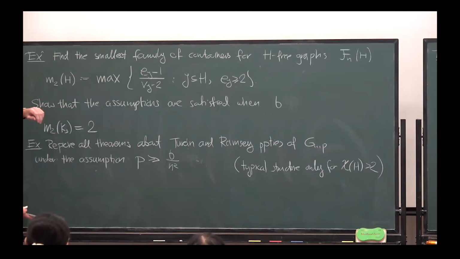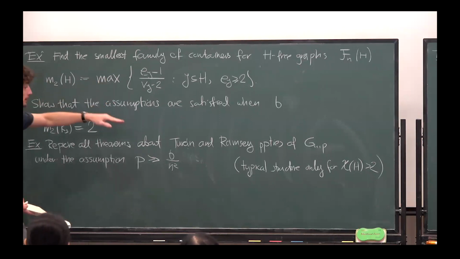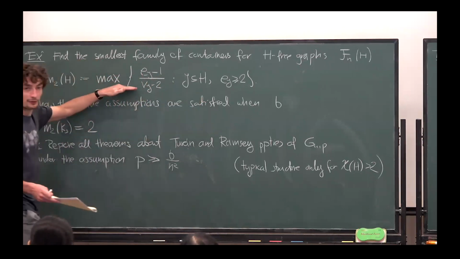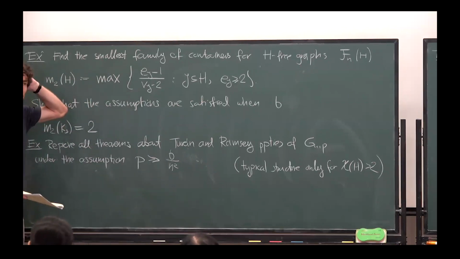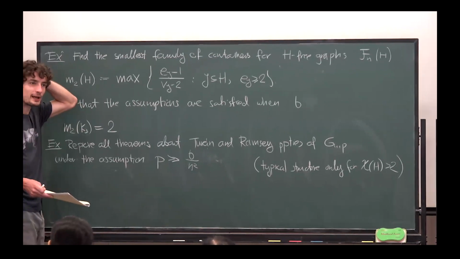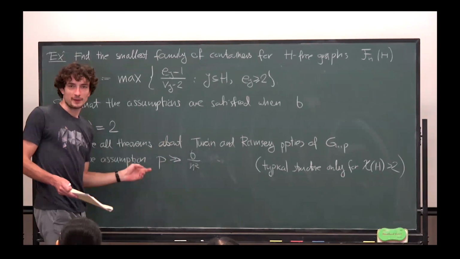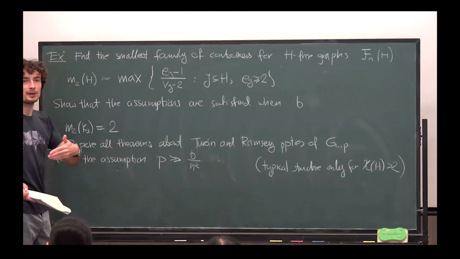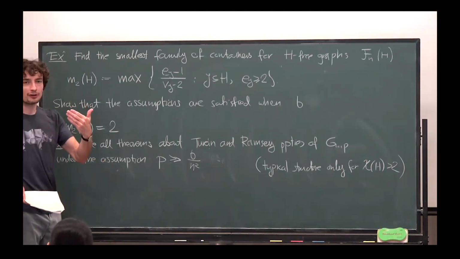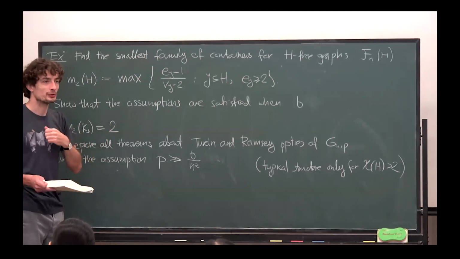Now, why do we need to assume that B is at least related to this 2-density? So let's recall, how did we argue for optimality of the assumptions in the case of triangles? We said, suppose we assume something opposite, and then we'll show that actually G(n,p) contains a much larger triangle-free subgraph than we would expect by comparison with the complete graph.